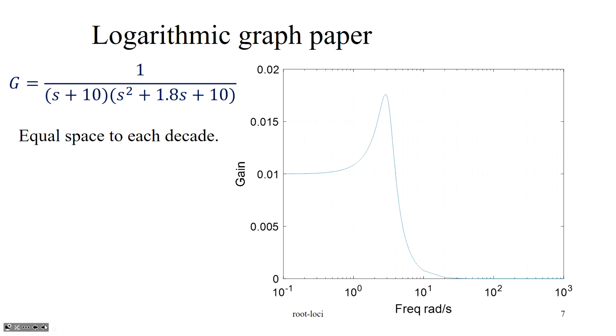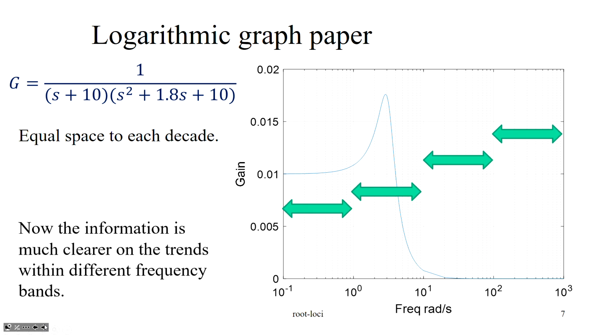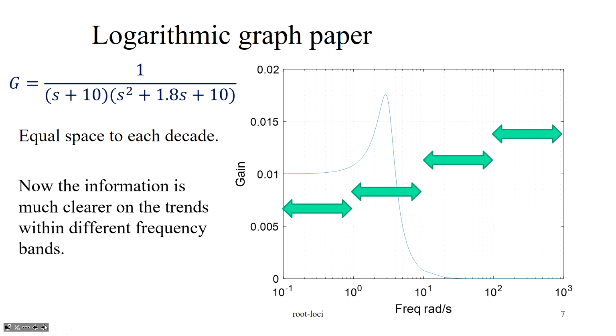So this is how we do it. We're going to use logarithmic graph paper, because what that does is give equal space to each frequency range. So here you can see the same space on the graph goes from 0.1 to 1, 1 to 10, 10 to 100, 100 to 1000. And that's because we've used logs on the frequency axis.